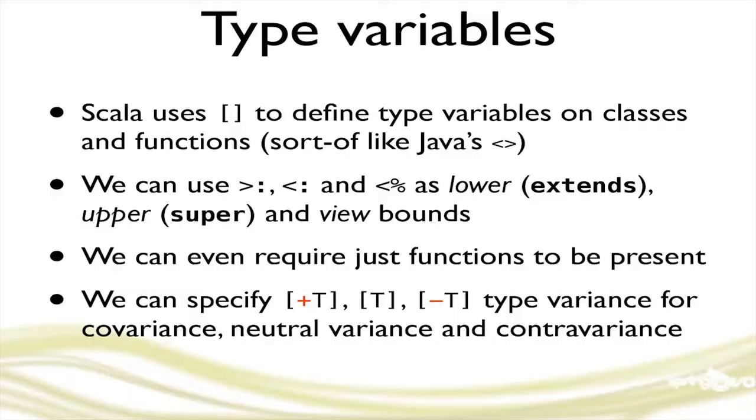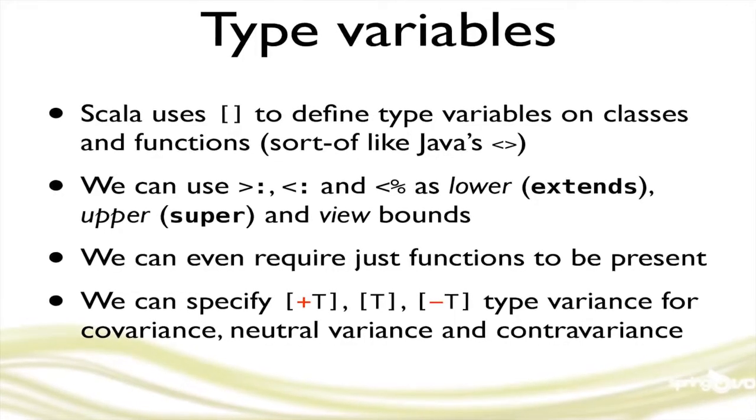And you might have noticed this generics-like syntax. So I had sequence of results. You could have list of integers and map of string to my class, and so on and so forth. Except in Scala, these things aren't generic types, they're type variables.